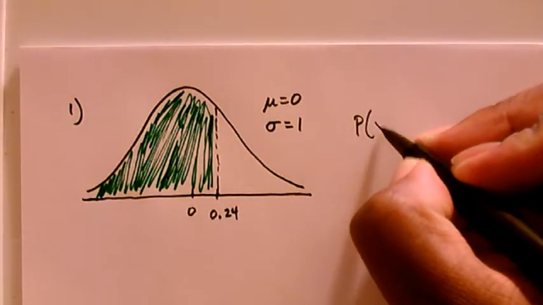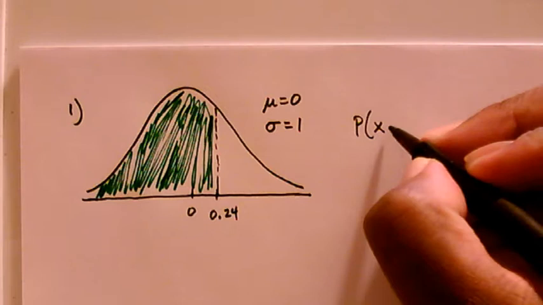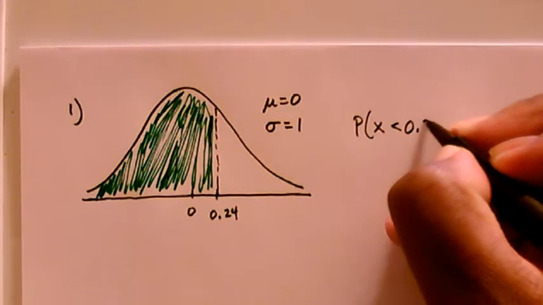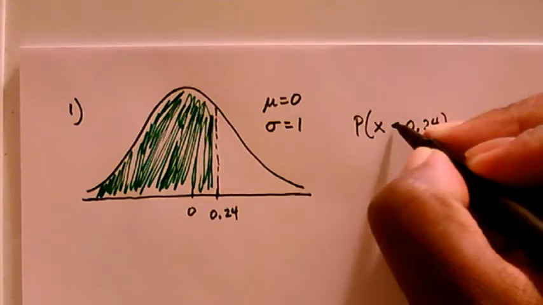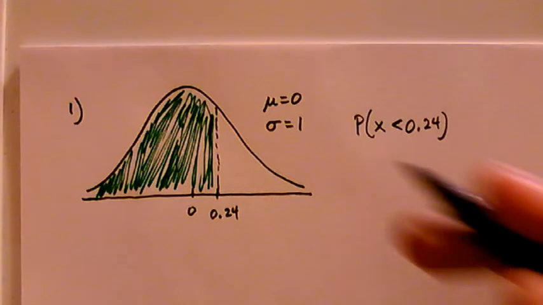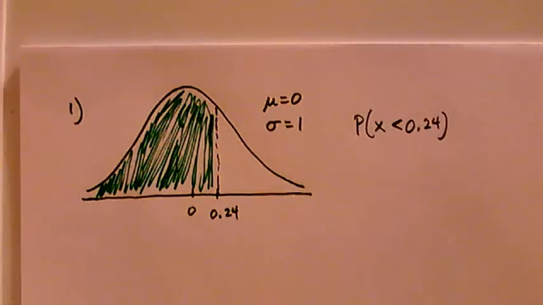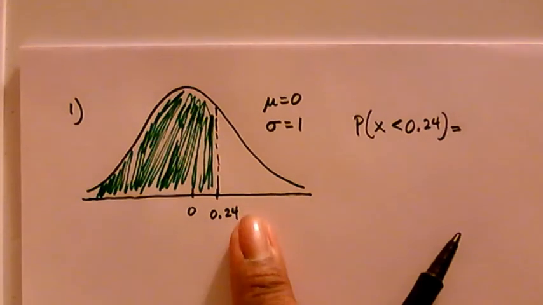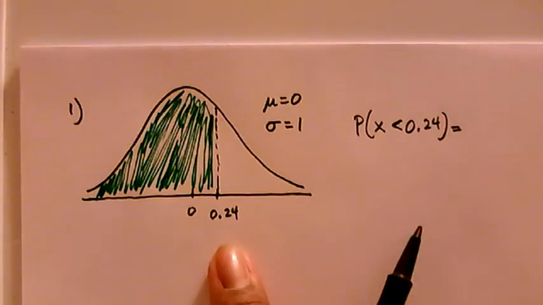And we'll find the probability that your X value, which is your thermometer reading, is less than 0.24. We don't need to convert this to a z-score because our mean is 0 and the standard deviation is already going to be 1. Okay? And 0.24 is what we're looking for here.